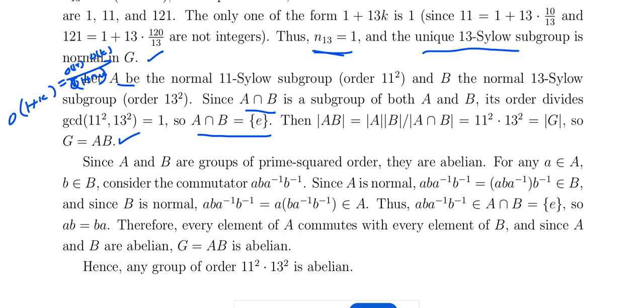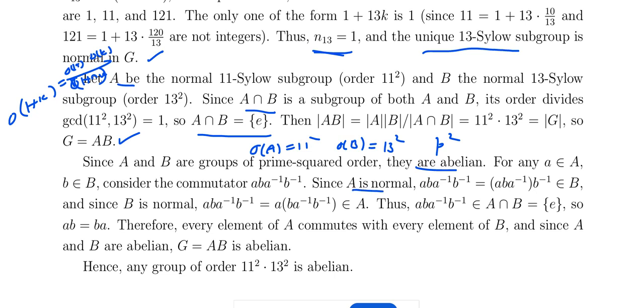So A and B are groups of prime square order: the order of A is 11 square and the order of B is 13 square. Both are of prime square order, so they are abelian. For any a belongs to A, b belongs to B, consider the commutator a b a inverse b inverse.